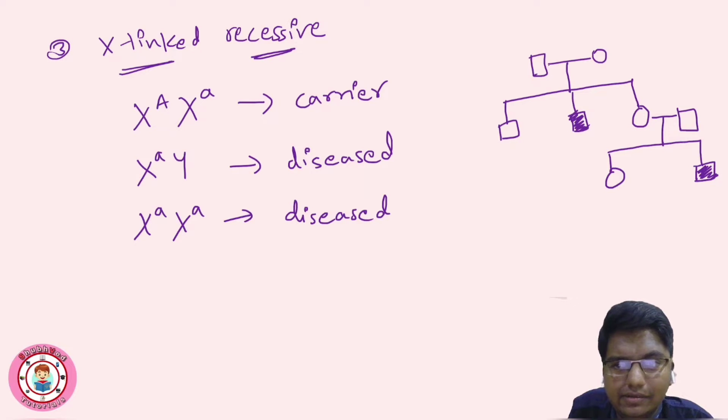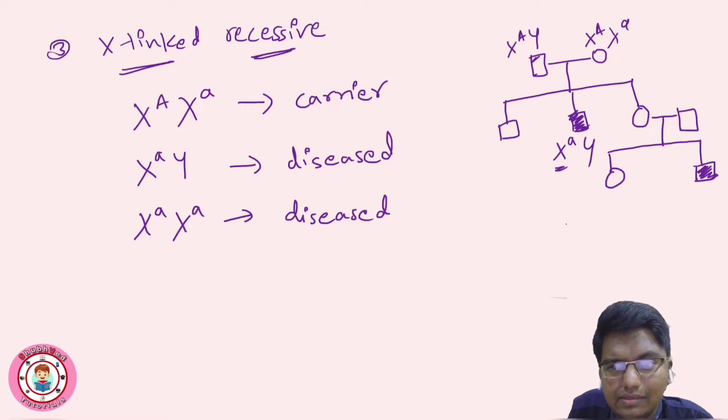Right, now see the parents. This male is affected, and male will be, suppose we see that XaY, right, means small a will be X, came from mother, so X capital A, X small a, right? This is not affected one. Okay, it is the carrier, she is the carrier, and here normal, right?